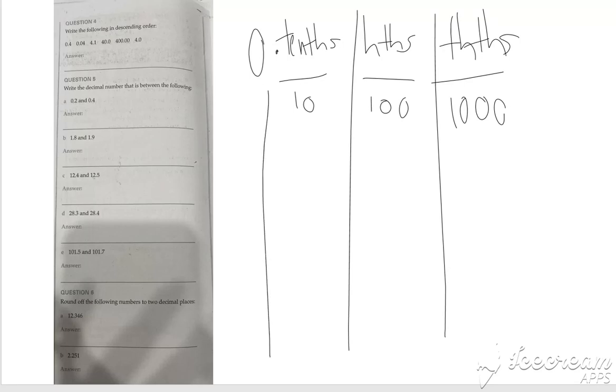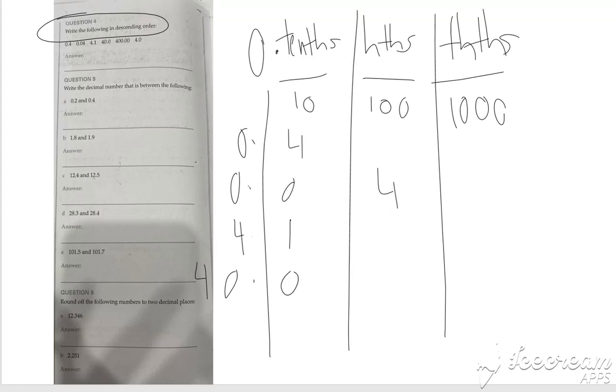So what we have to think about when we're asked to order things in descending order is to line up the decimals next to each other so that the decimal point is in line and so that you can start to see where the numbers are and in what column.